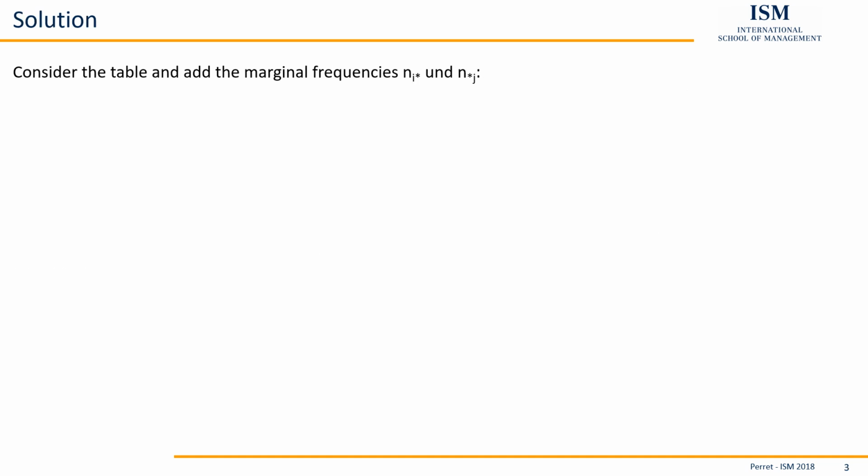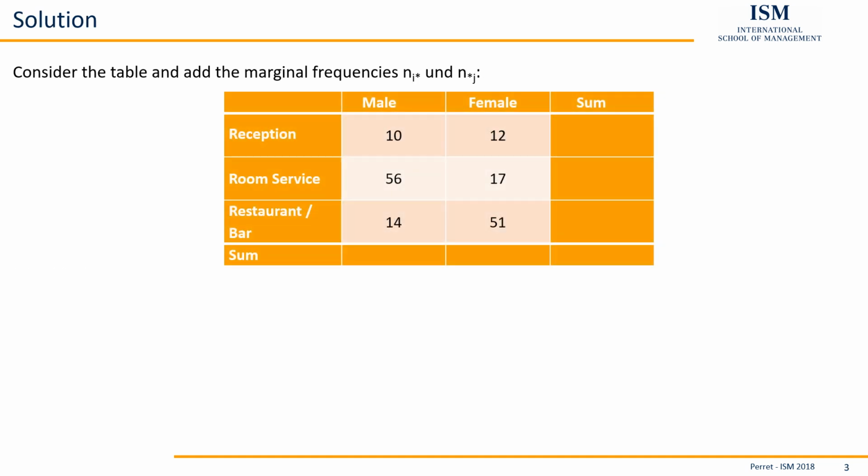What are we going to do with this? First off, we take our table and extend it for the marginal frequencies. So we add one column and one row, and in those we just put the sums of the corresponding row or column. For example, for the first one, we can add all the numbers for male, and we will get a total of 80 male participants.